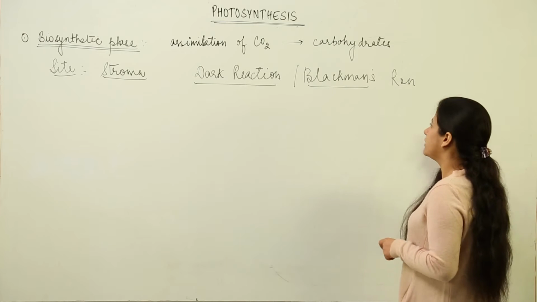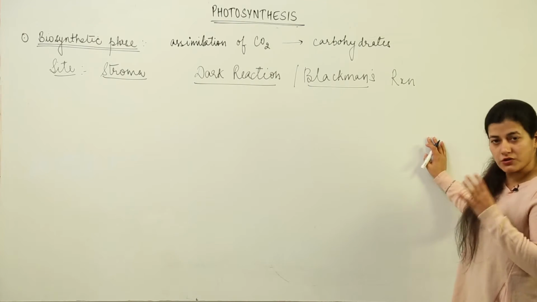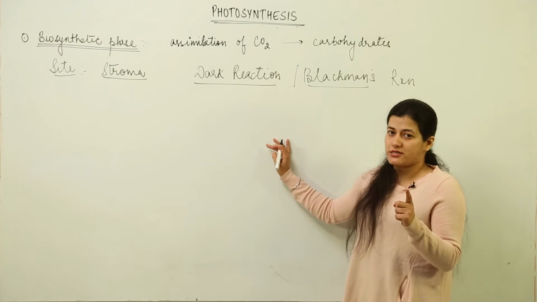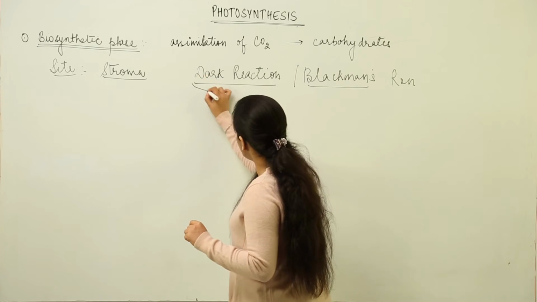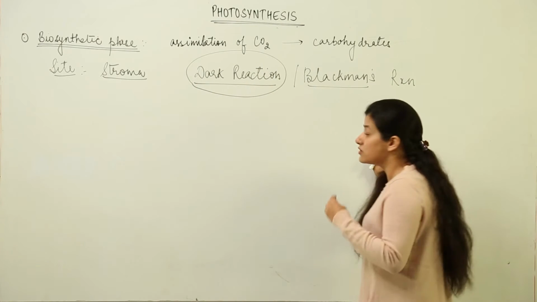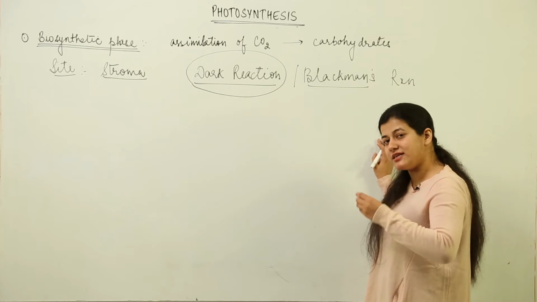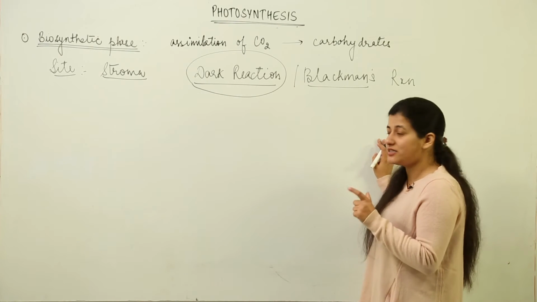Now, 2 or 3 points till now. The first thing I want to tell you is that this reaction does not take place in the dark. Though in certain books there is a simple statement that this reaction does not require light, it is light dependent. It is independent of direct dependence on light, but it is light dependent.